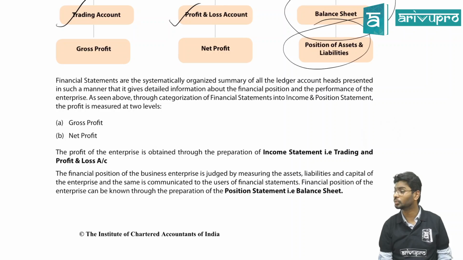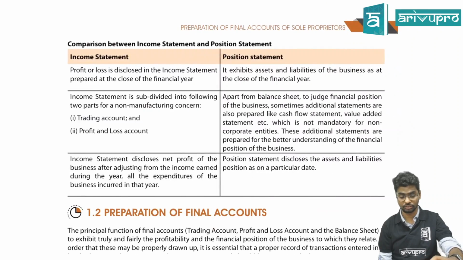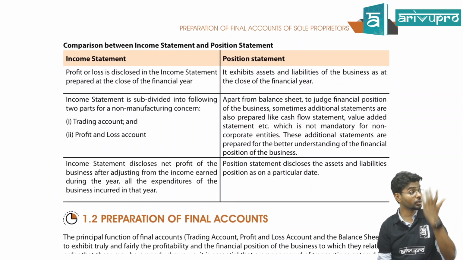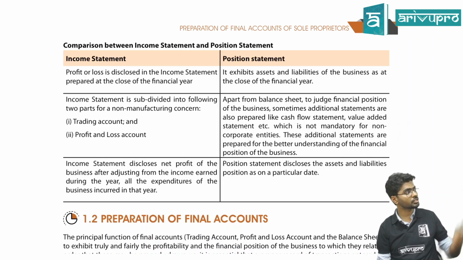Chapter number 2. Okay. Four more questions. Just see here. What does a profit and loss account disclose? Profit and loss account is disclosed in the income statement, whereas your position statement, that's the balance sheet, talks about my assets and liability position on a particular date.